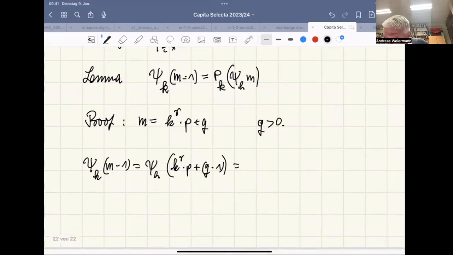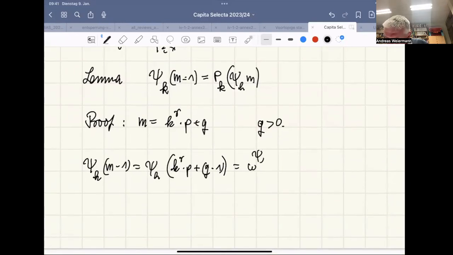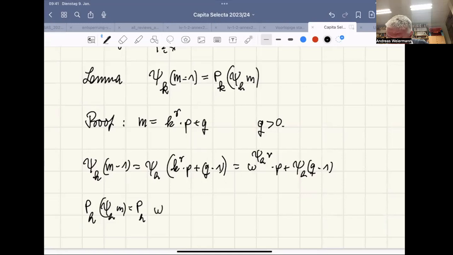So what? This is omega to the p k of r times p plus p k of q minus 1. What is now p k of c k of m? It's p k of omega to the c k of r times p plus c k of q.